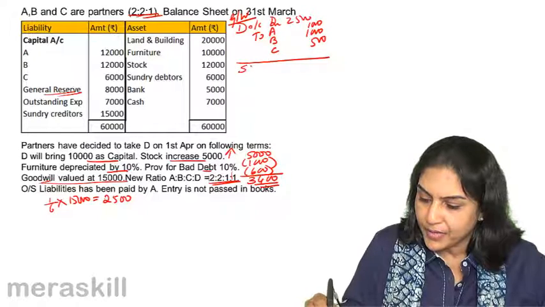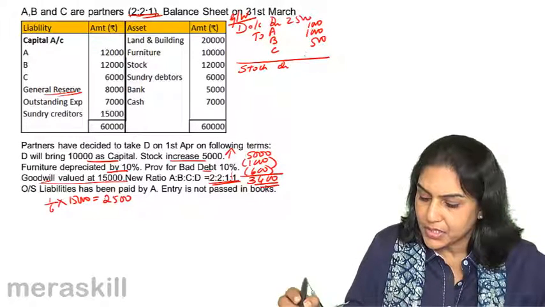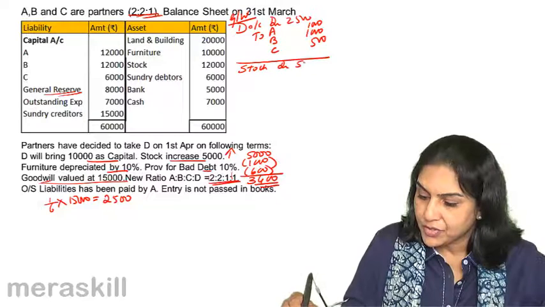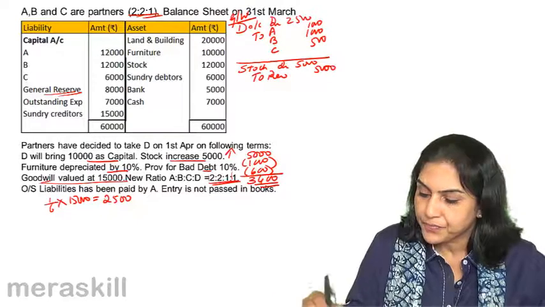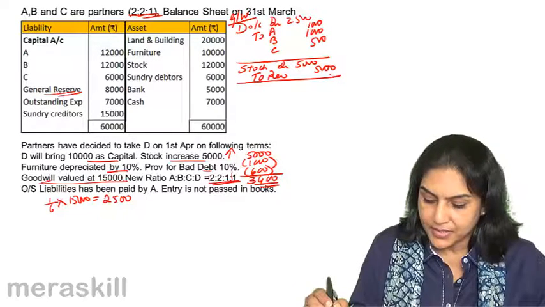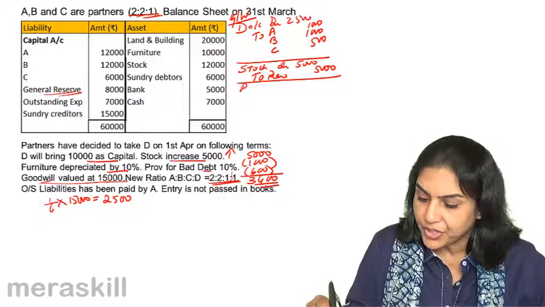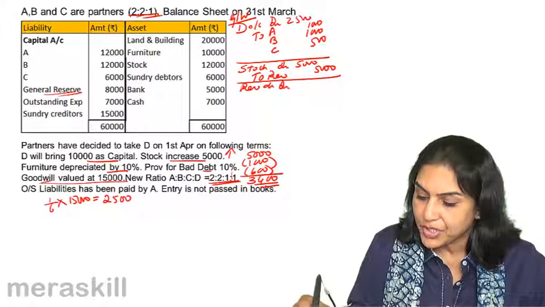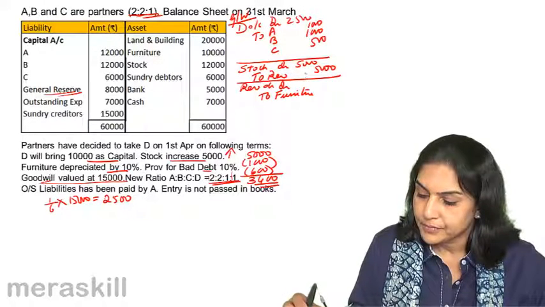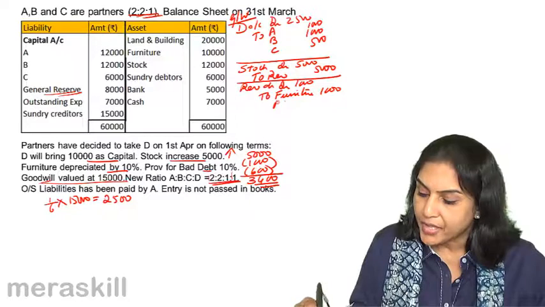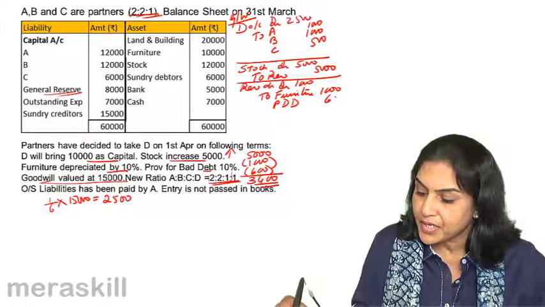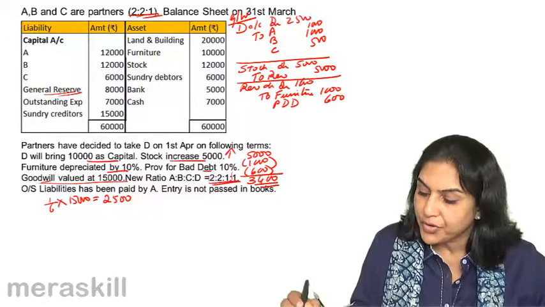Entry would be stock debit 5,000 to revaluation. Next is furniture reduction in value. So revaluation account debit to furniture. Sorry, revaluation account to furniture is 1,000 and to provision for doubtful debts would be 600. So revaluation account debit 600.